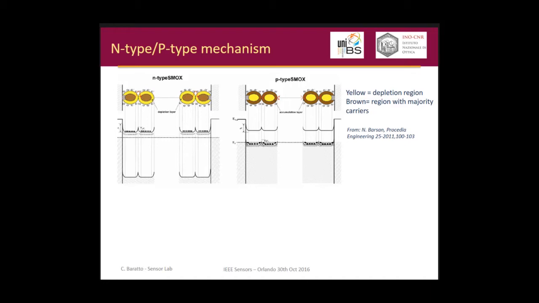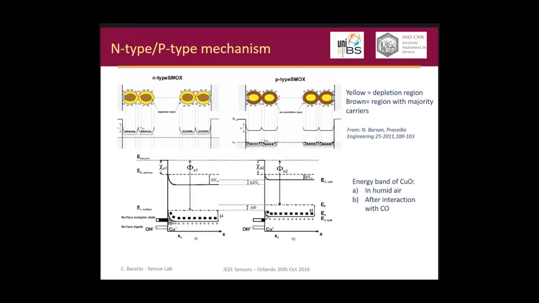So this situation is described for N-type metal oxide. For P-type metal oxide, what happens is a little bit different, since with oxygen ionosorbed over the surface, we have an accumulation layer, and the gas reaction decreases this accumulation layer. So what we observe with P-type material is exactly the opposite of N-type material.